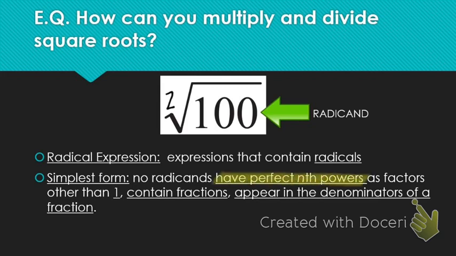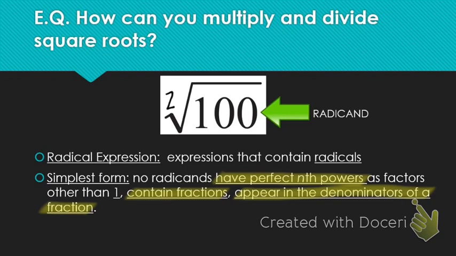The second thing that cannot be true is it cannot contain fractions. If the radicand is a fraction, if the number under the radical is a fraction, it is not in its simplest form and we have to simplify it. The third thing, it cannot appear in the denominator of a fraction. So you cannot have a final answer that's a fraction that has a radical in the denominator. So if any of these things are true, the problem is not in its simplest form.